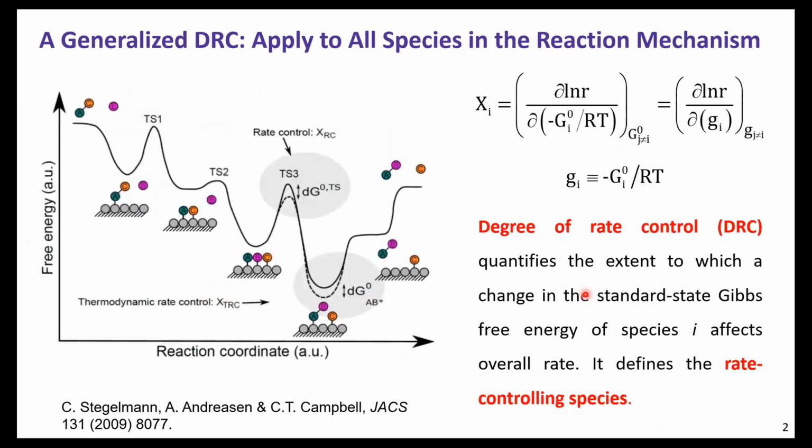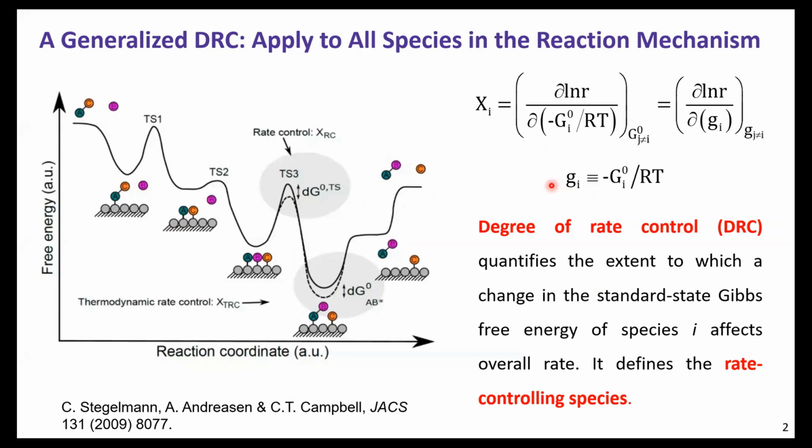If we use the definition based on the Gibbs free energy, we can easily extend the application of the DRC from the transition state to any other species in the reaction, like the intermediates, the products, or the reactants. So this generalized DRC tells you if you change the Gibbs free energy of one species in a reaction, how much the overall rate will respond to this energy change.